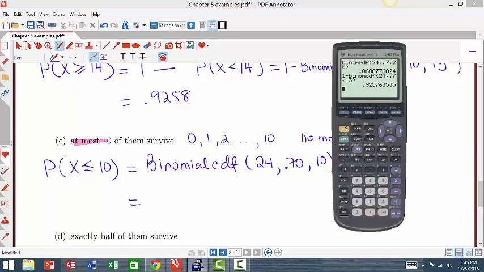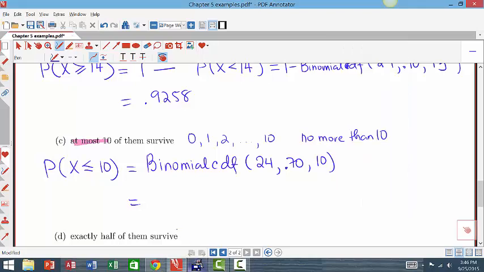So we'll go to second distribution, binomial CDF, 24, comma, 0.7, comma, 10. At most 10. All right, so we get 0.0036. That is your probability of getting at most 10 plants surviving in the garden.